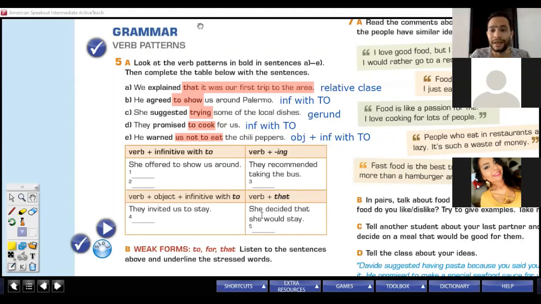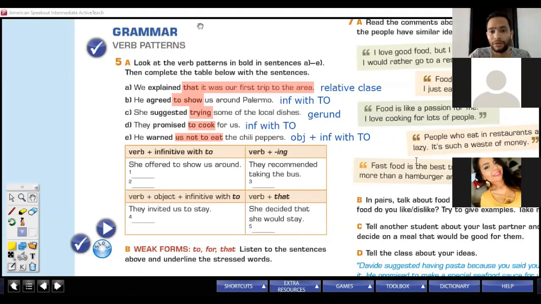So, she decided that she would stay here, just an example. As you can see, that she would stay is a clause, and decide needs that clause so that it makes sense. So these are the four main verb patterns in English.